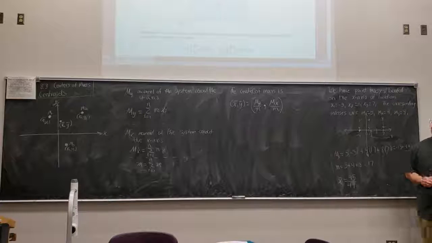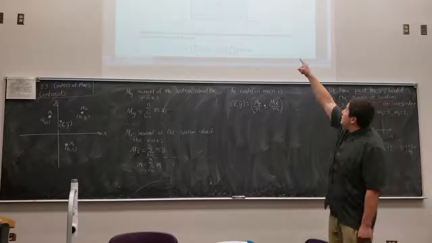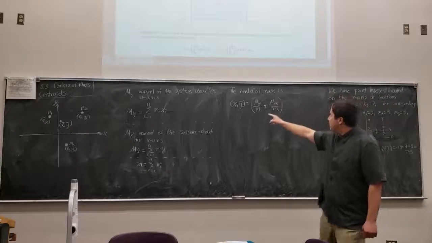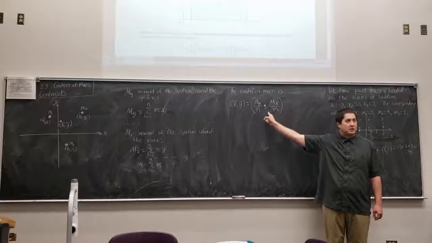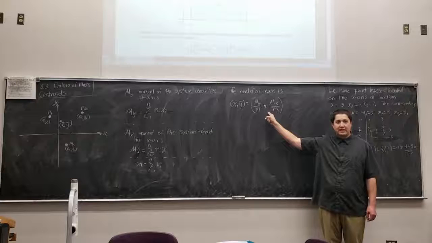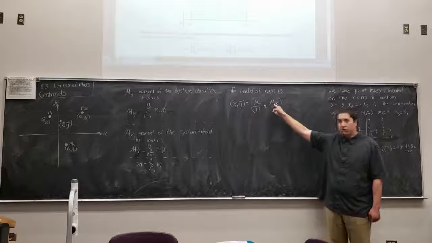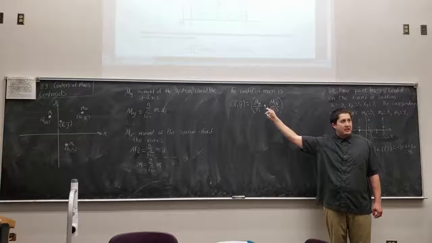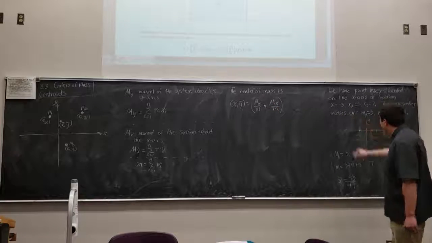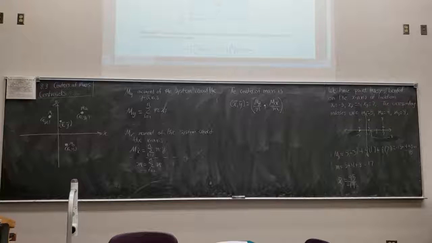One thing to note is that the formulas for x bar and y bar in the continuous case are exactly the same. All we have to do is give a notion of what m sub y and m sub x should really be, the same kind of process we've done in problem 1, and the next problem is pretty similar. So let's try a two-dimensional problem next. Any questions first before we give it a try?